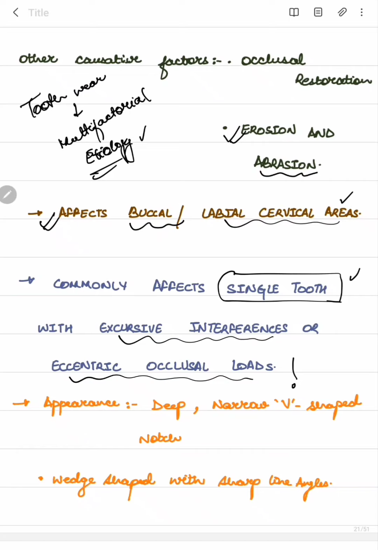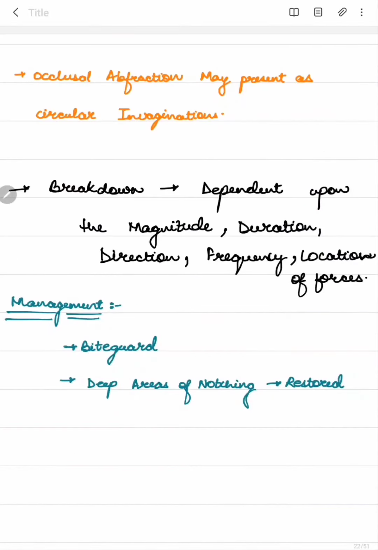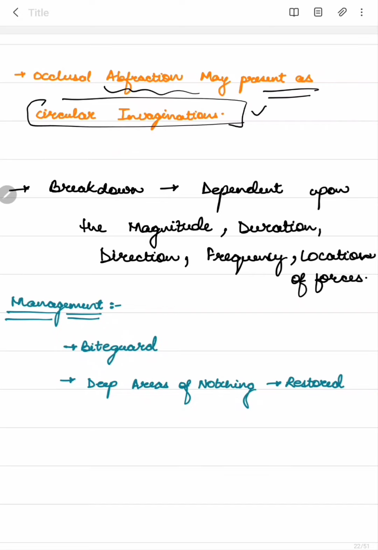These lesions are basically very deep and narrow V-shaped notches which are present at the cervical third of the clinical crown. It is basically wedge shaped with sharp line angles, right? So abfraction may also involve occlusal surfaces. So occlusal abfraction may present as circular invaginations on the occlusal surfaces basically, right?